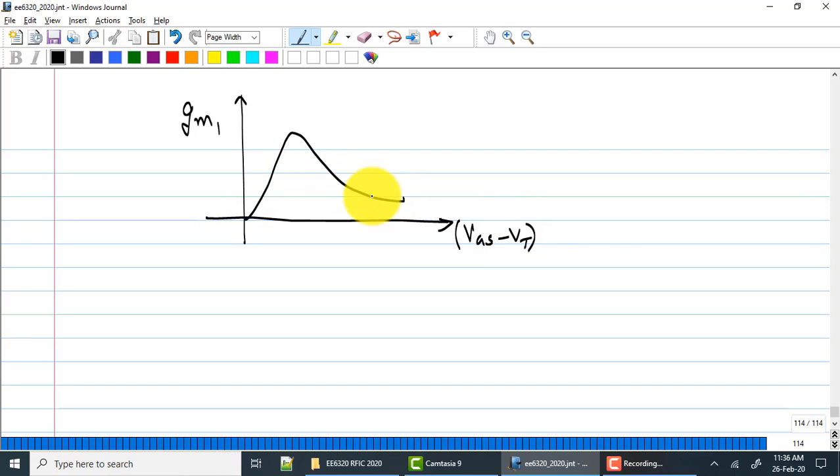How many of you got this curve when you simulated it? What kind of currents did you use and what kind of sizes did you use to get this curve? For all the lengths and widths, you got something like this. What were the x-axis ranges?